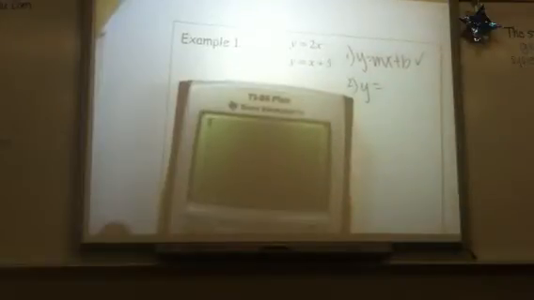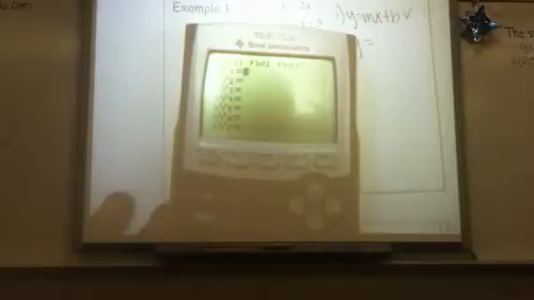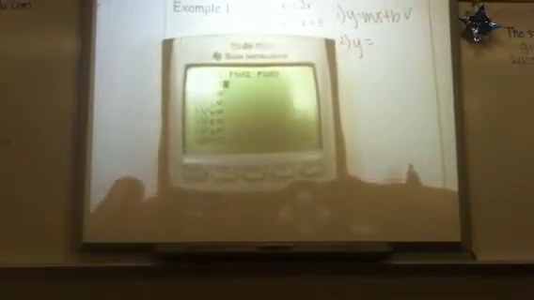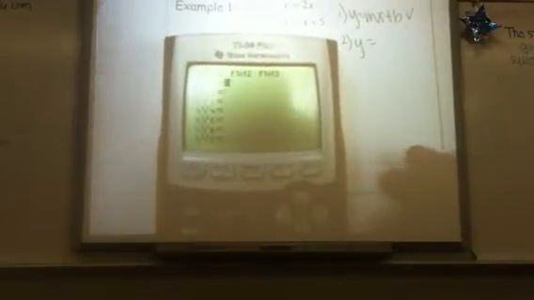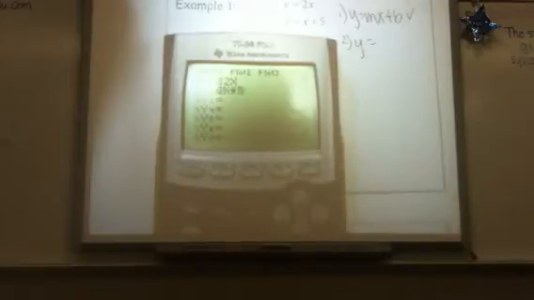Click the y equals button over here, it's under stat plot. I'm going to type in 2x in y1. That's my first equation. And then x plus 5 in y2.